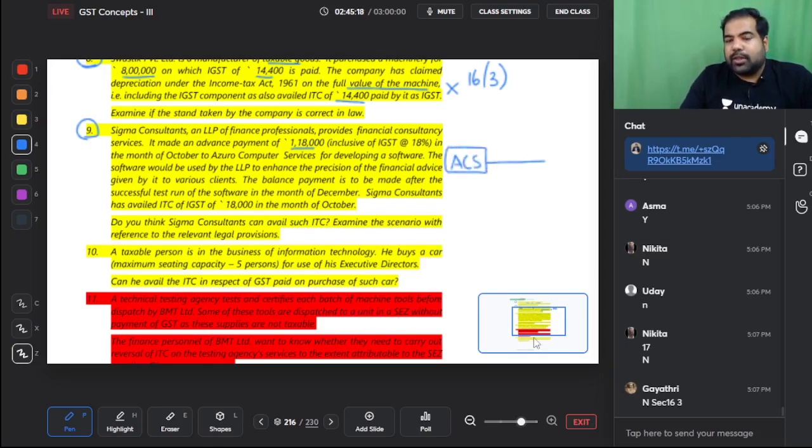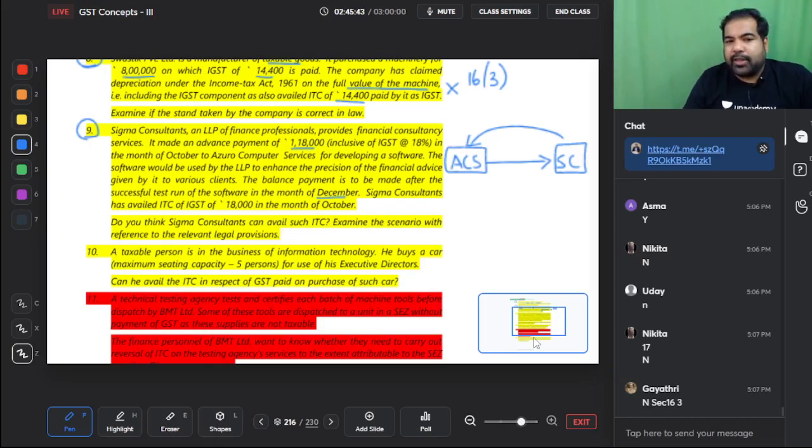They supplied to Sigma Consultants, and Sigma Consultants has already made an advance payment of 1,18,000. The software would be used by the LLP to enhance the precision of the financial advice given by it to its various clients. The balance payment is to be made after the successful test of the software in the month of December.